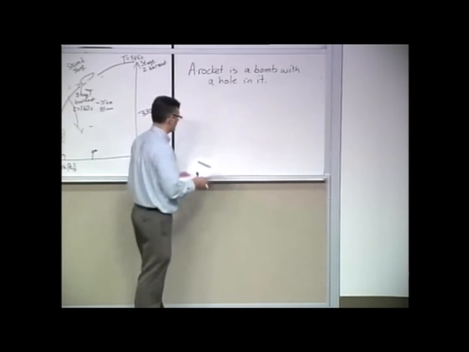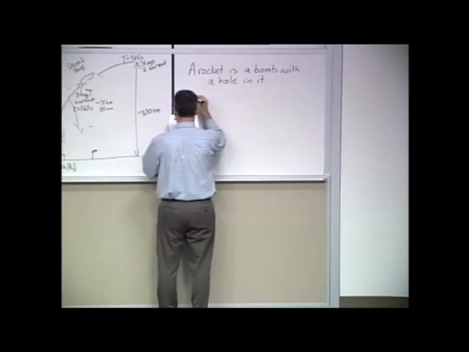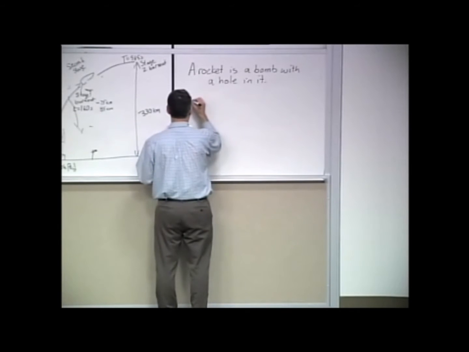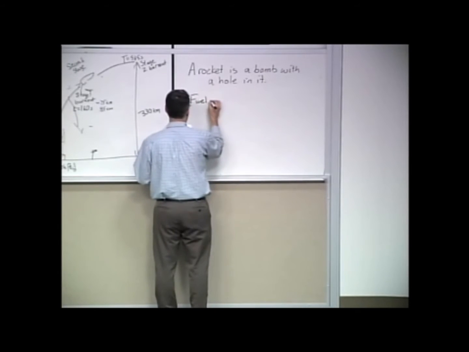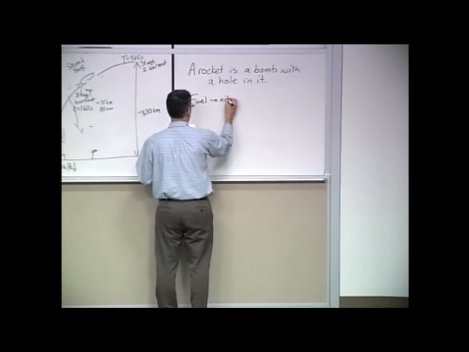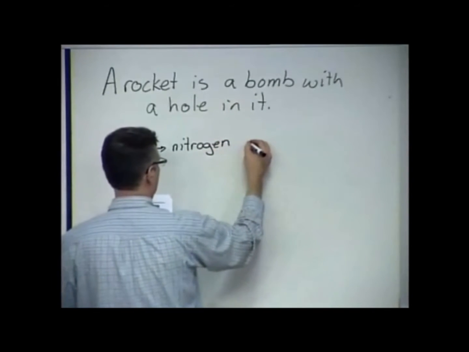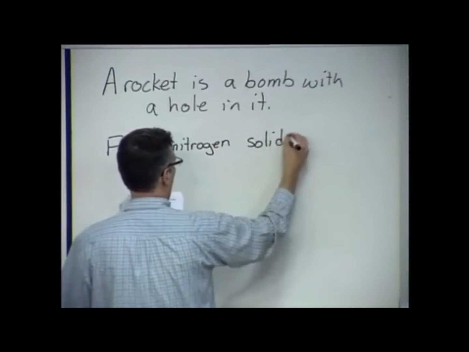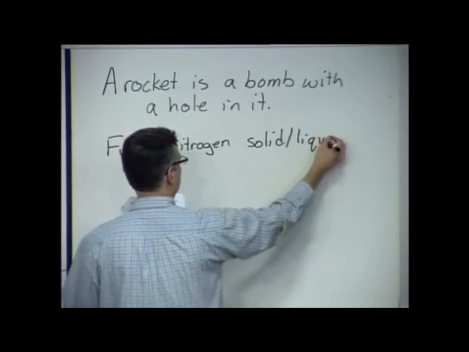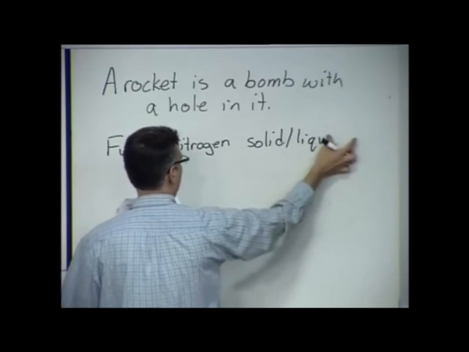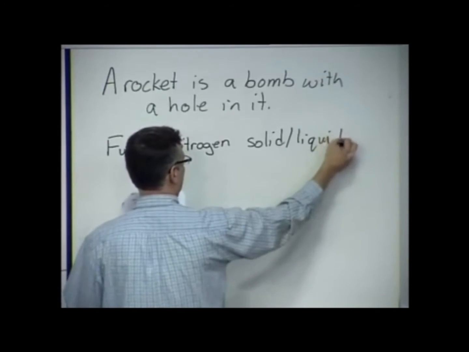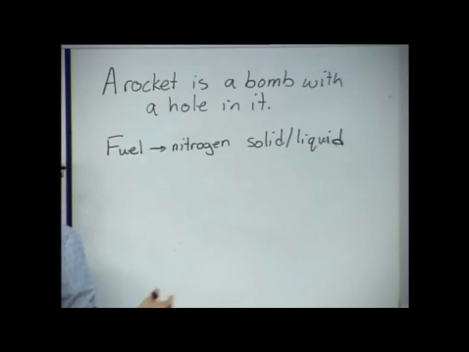Good fuel is an explosive. So we have a fuel, which is typically a nitrogen-rich compound, solid or liquid, because we want something very compact that gasifies when it reacts and expands so that you get that propulsion, that you can focus and steer.